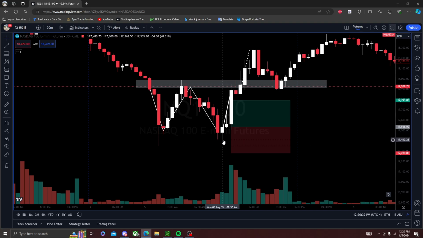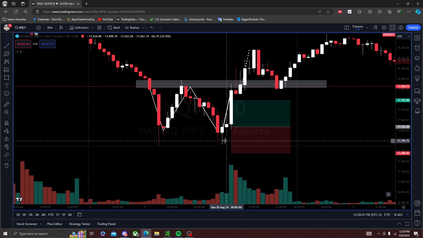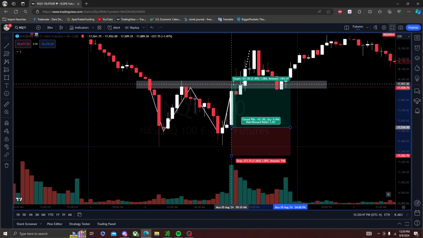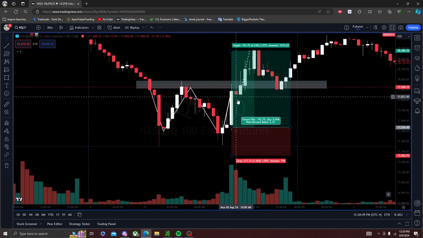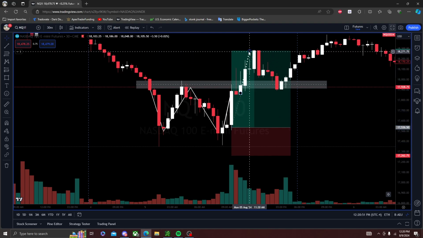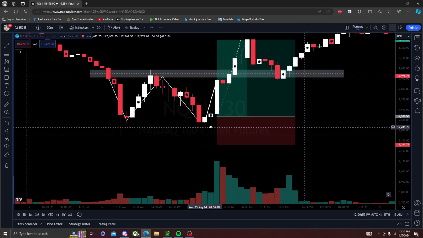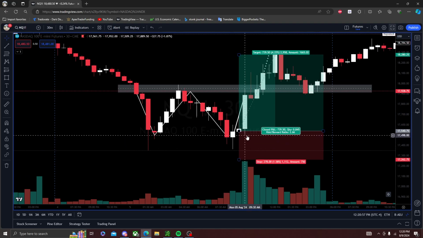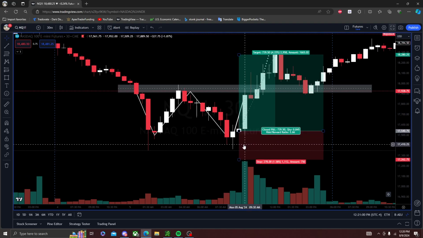So probably a candle close below this, maybe the 17,400 level. So maybe bring it down a little bit. And then our R to R is going to be up to our duplicated pole, which is going to be about right here. So if you take your entry over here on this initial candle, your stop loss probably is going to be a candle close below this 400 level.